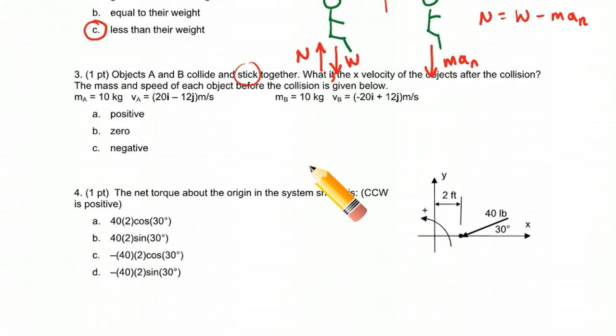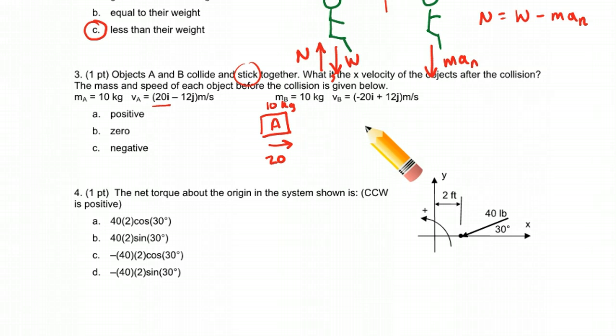So let's think about the x direction and just sketch out these two objects. We have object A going to the right at 20, and its mass is 10 kilograms. And we have object B. It's in the x direction, going to the right. Remember, momentum is a vector, so we can split the directions. Okay, and it's going to the right at 20, and its mass was 10.